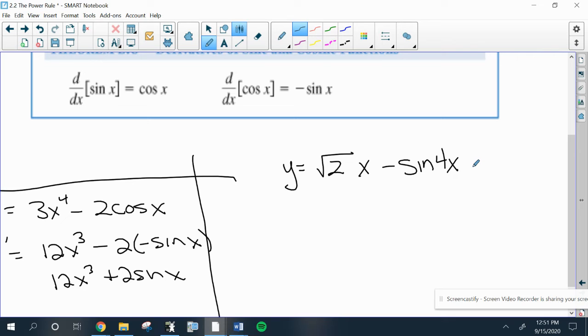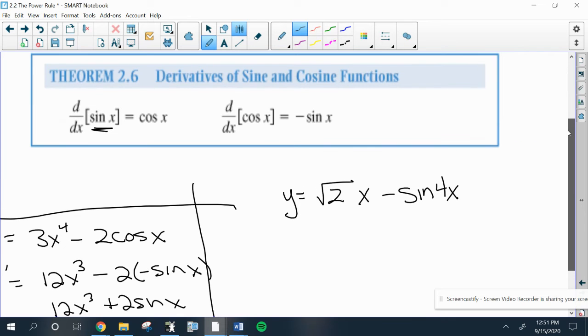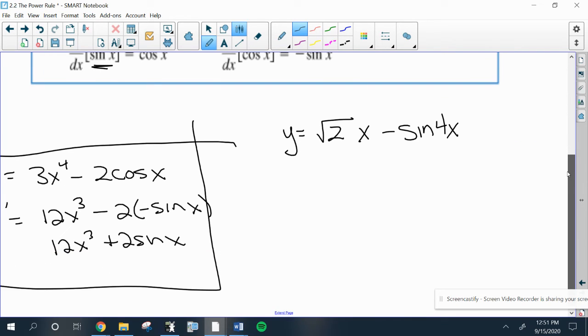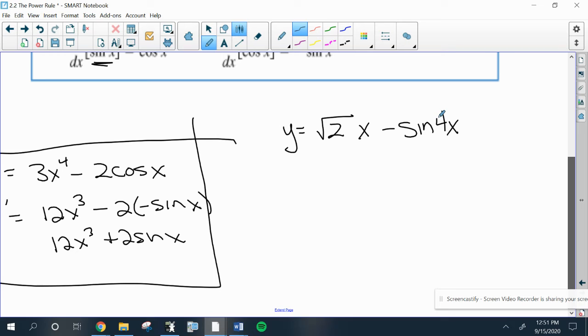We will learn to do this later, but you cannot do this yet because it doesn't follow any rules. This theorem specifically shows us how to take the derivative of sine of x, not the sine of 4x. So that eliminates this from our problem list that we're able to do at this point.